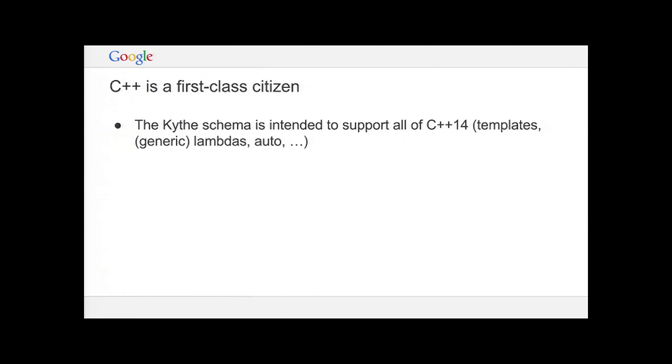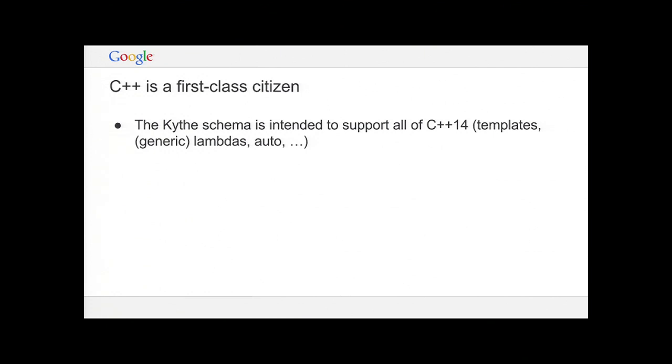I mentioned that we didn't try to take Clang's AST and just dump it to a graph. What we did, though, is we said, well, what's going to be the most difficult of the interesting languages to support in our schema? And it was C++. And we figured that if we can represent C++, then we could probably represent the other languages as well. And that's largely turned out to be the case.